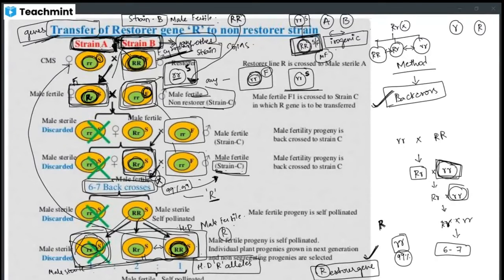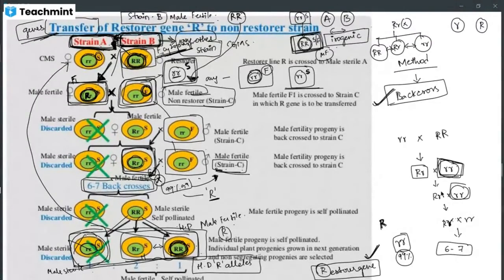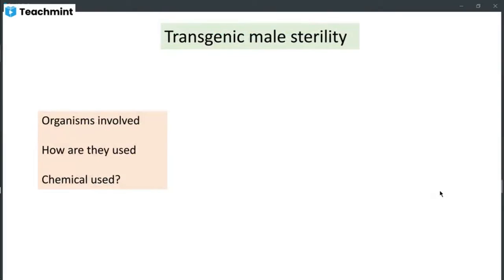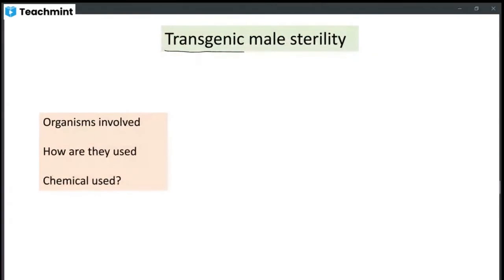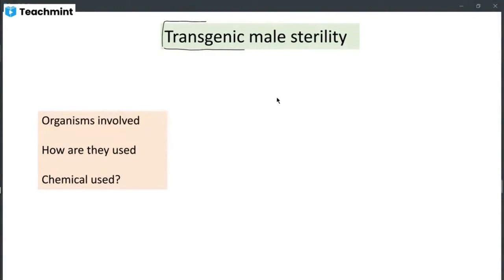So with this, we will be completing the 3 different types of male sterility. And so, does anyone have an idea about transgenic male sterility? What do you mean by transgenic male sterility? It is simple.